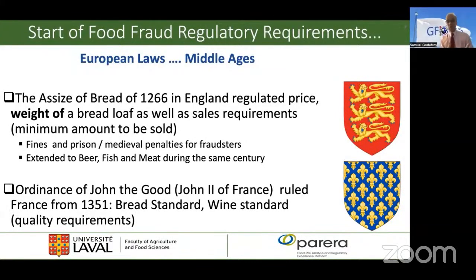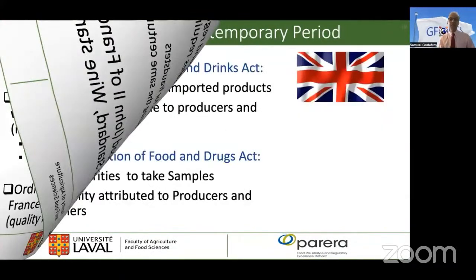And we looked also at similar situations where in France, there was the introduction of a wine standard, essentially qualifying the quality requirements of wine, which allowed essentially to define incidents or situations which contravened this standard.